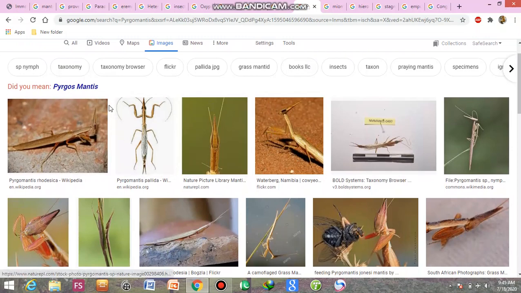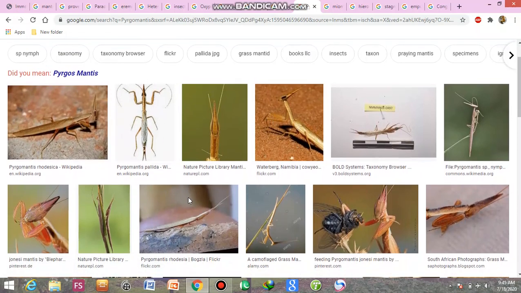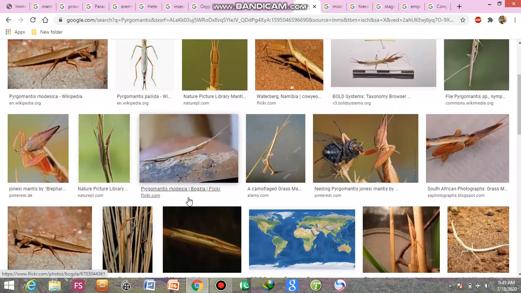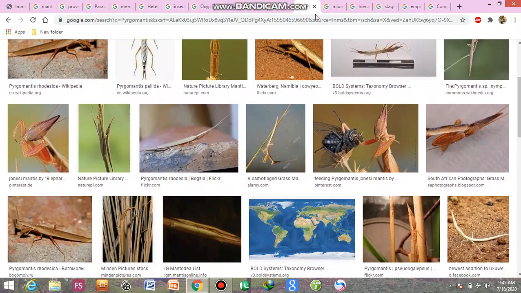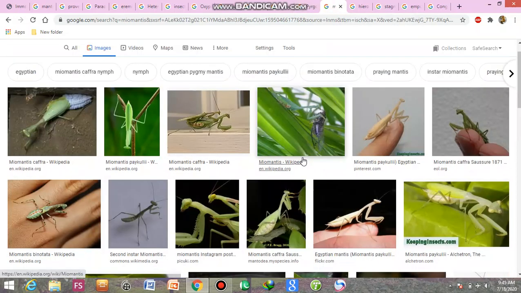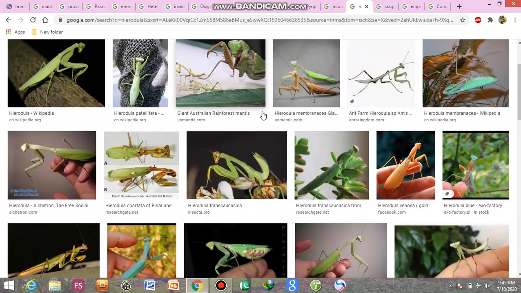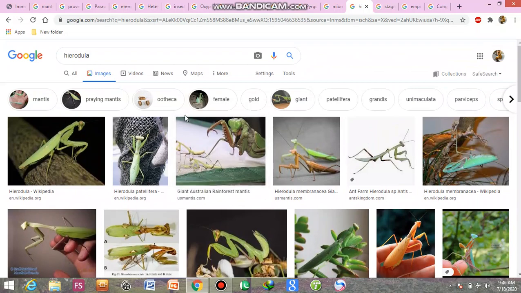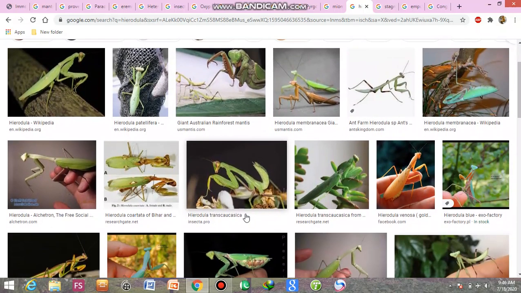They have very slender bodies. This is the Miomantis. You can see these animals. This is the Hierodula. See, this species has a beautiful orange color.